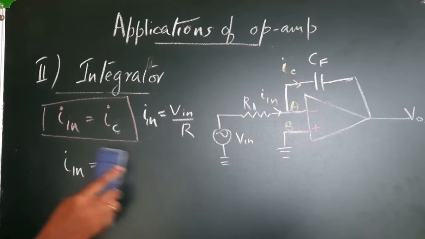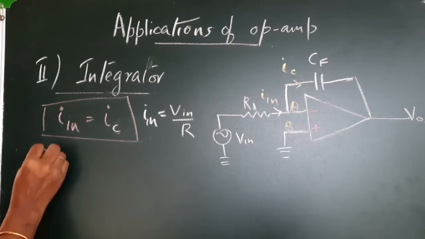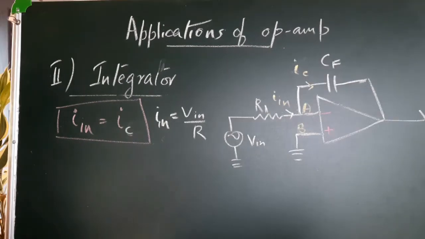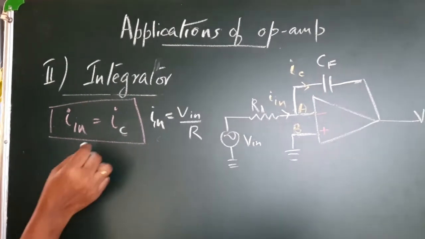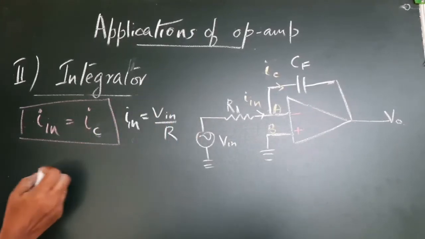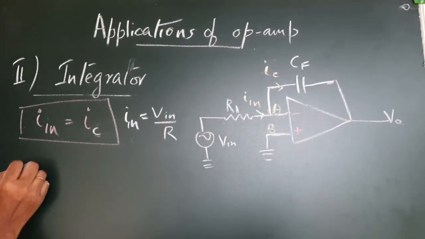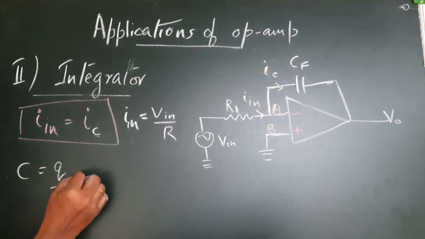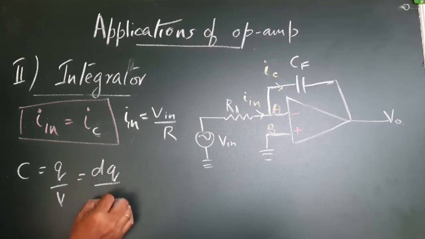Now we will try to find out what is our IC, the current through the capacitor. In order to find this IC, let us make use of our basic concept of capacitor. We know that C is equal to Q by V, or you can write dQ by dV.